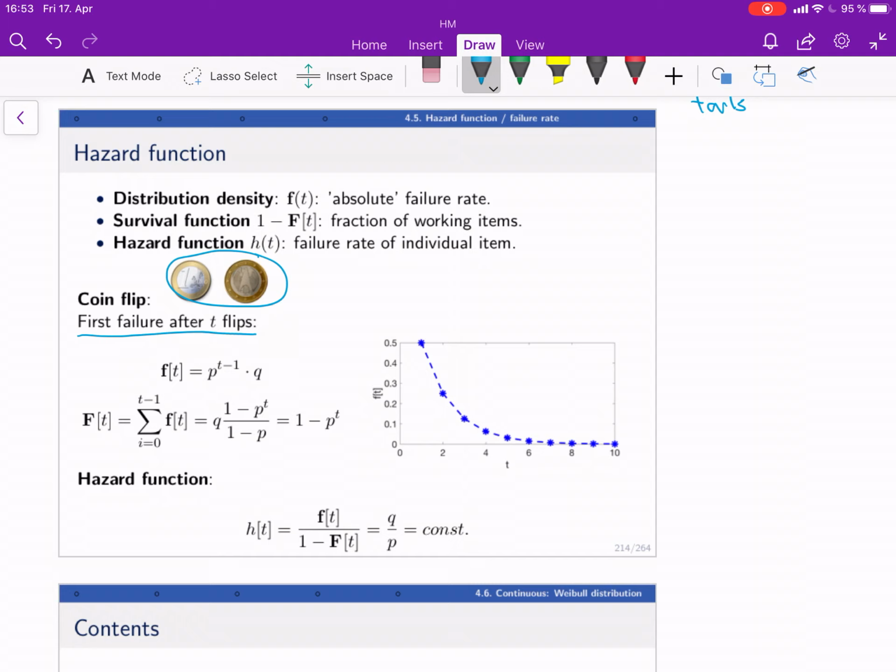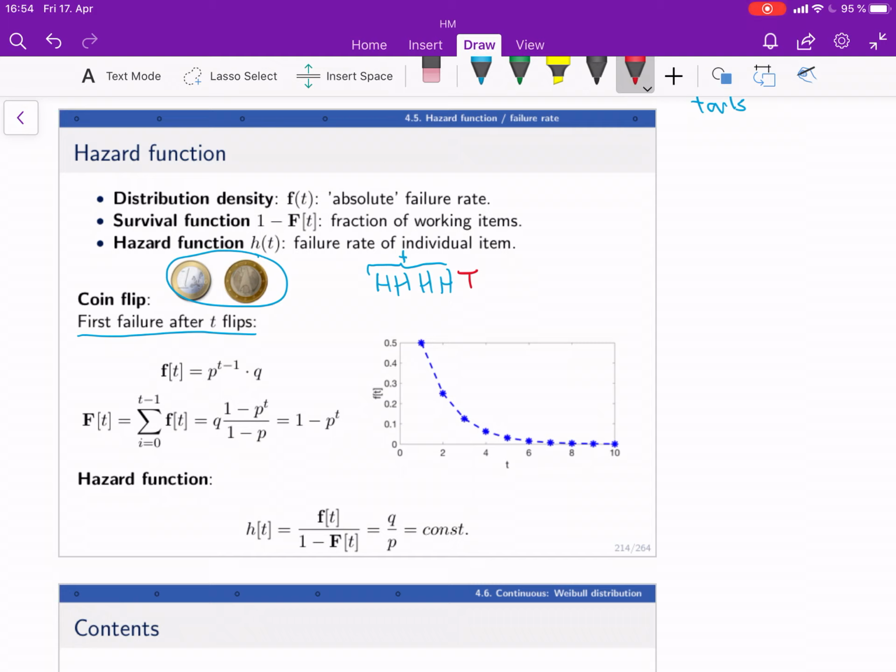So we all know if I basically have to get heads, lots of heads, T minus 1 times, and then I got tails, and then my machine breaks.